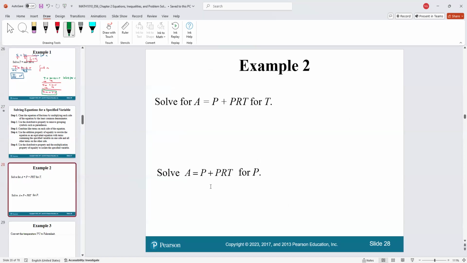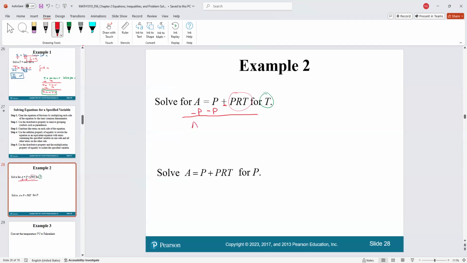Suppose they ask you in the first example to solve for t. All right, so you see here there is a product. Because there is a product and I'm solving for t, t is part of a big product, but we have a plus sign. So the first thing I need to do is get rid of the p on the same side where I have my product.